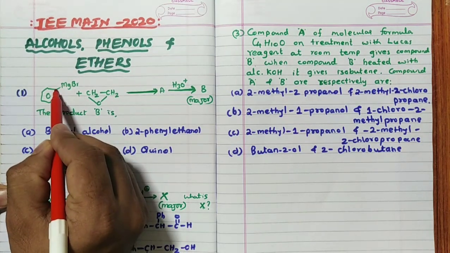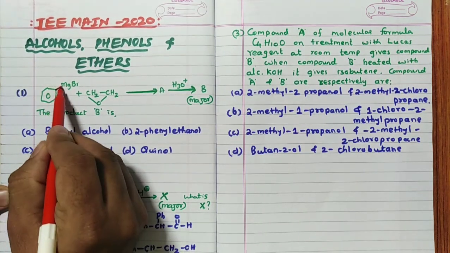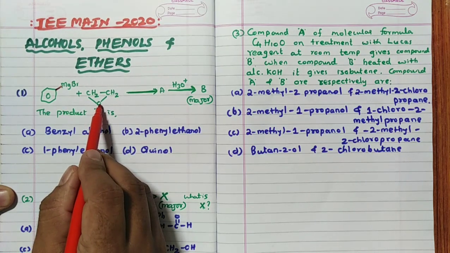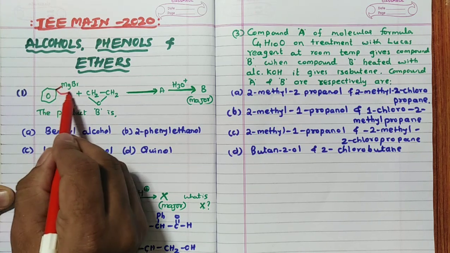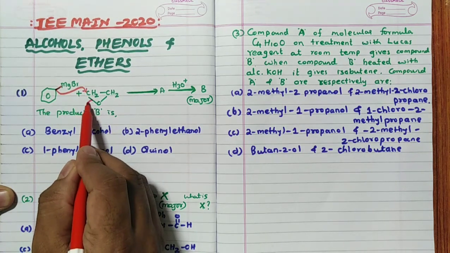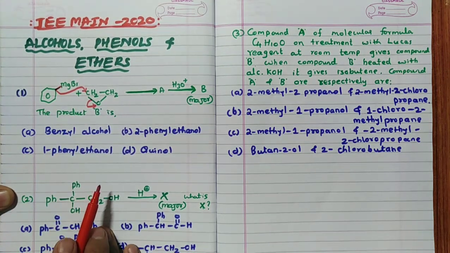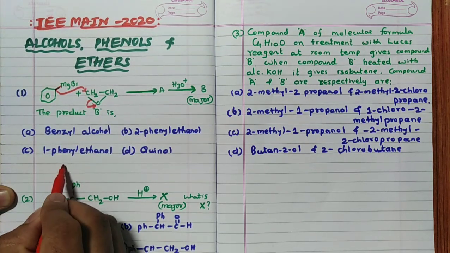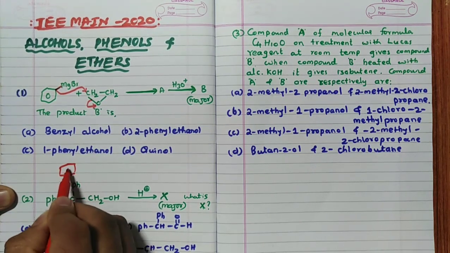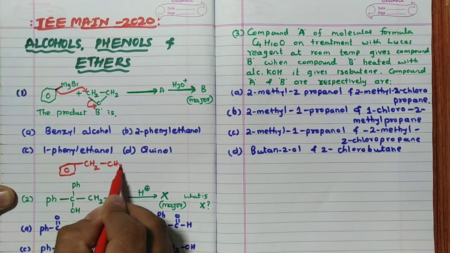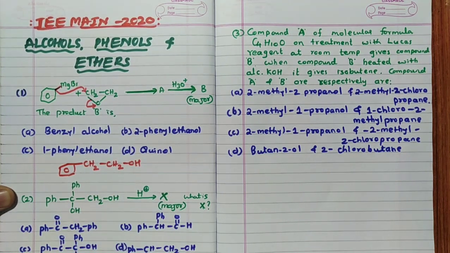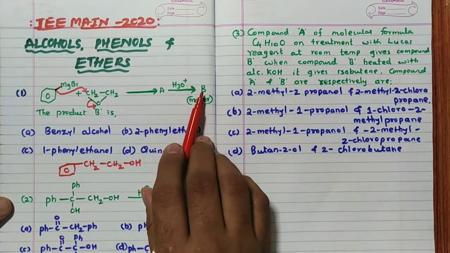The carbon attached to MgBr attacks this particular carbon, forming OMgBr, and on hydrolysis this will form OH. So the product formed is C6H5CH2CH2OH, the major product.